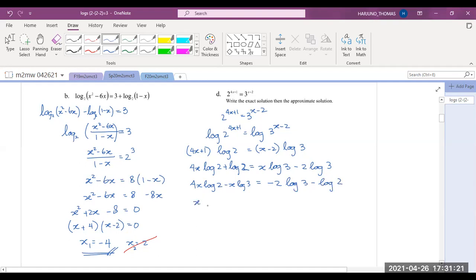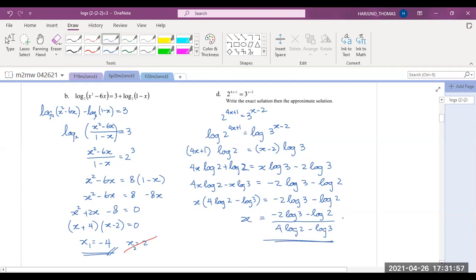Then factor the x. So x is equal to negative 2 log 3 minus log 2 over 4 log 2 minus log 3. This is the exact solution.